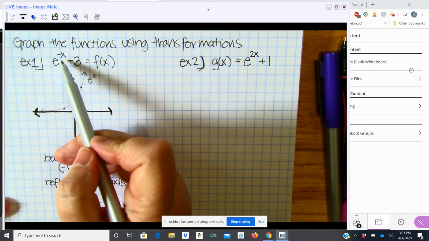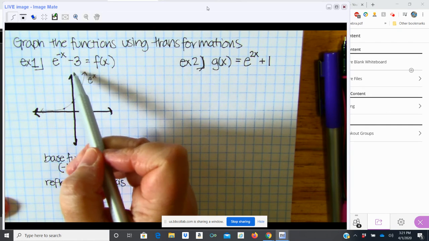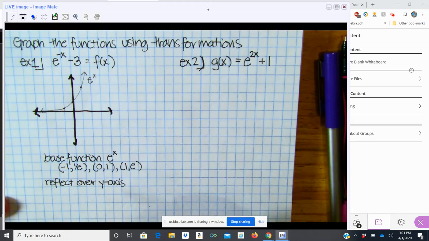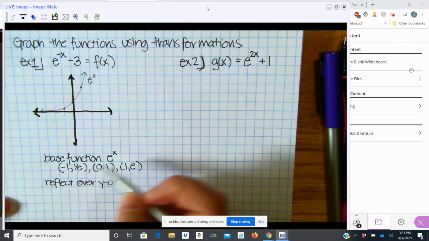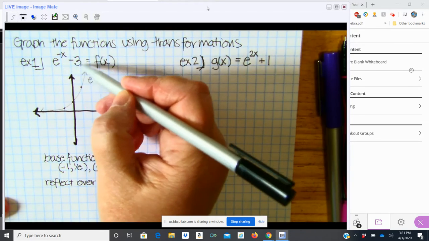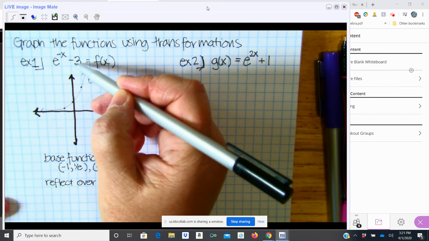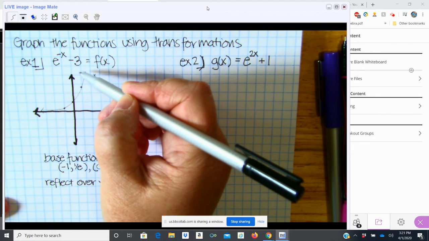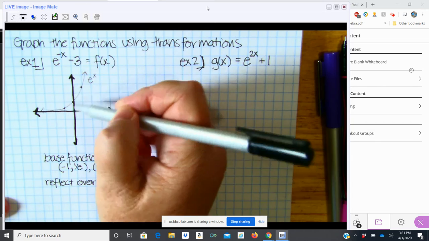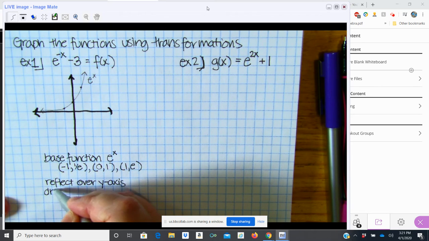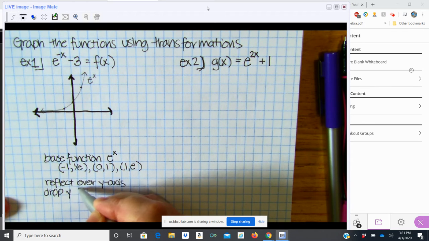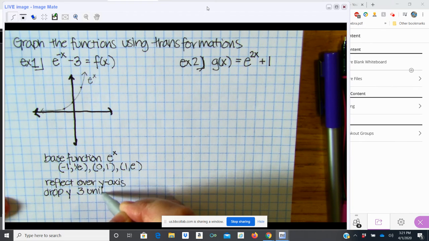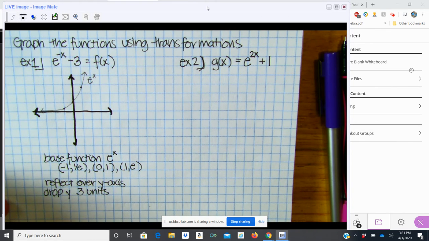That'll take care of that negative. And then this -3, what's that going to do to our graph? So that's going to then drop our y values down 3 units.